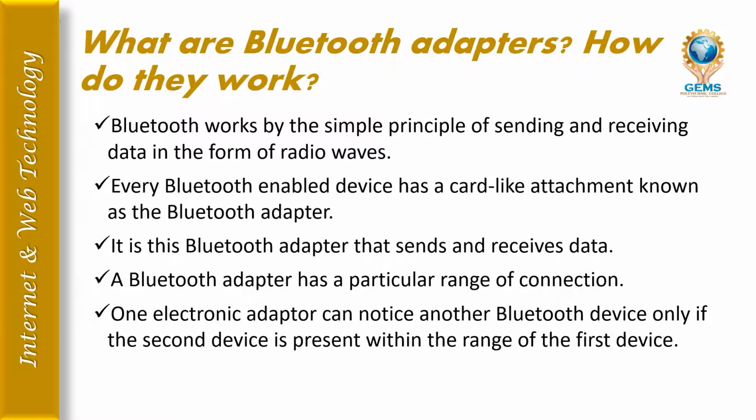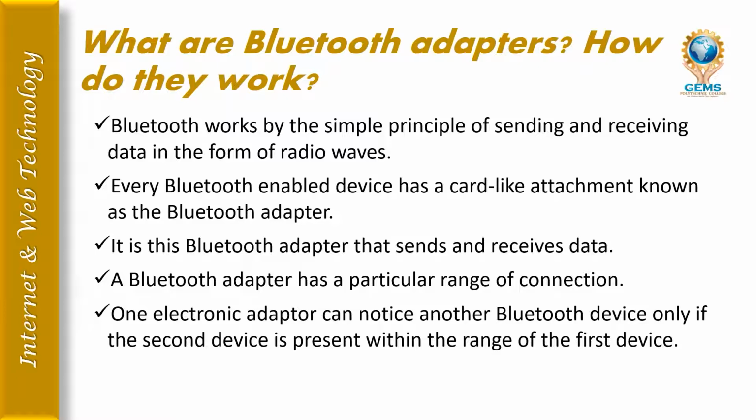So, the first one is, what are Bluetooth adapters? How do they work? Bluetooth works by the simple principle of sending and receiving data in the form of radio waves. Every Bluetooth enabled device has a chip-like attachment known as a Bluetooth adapter.